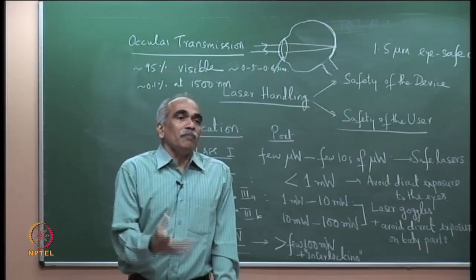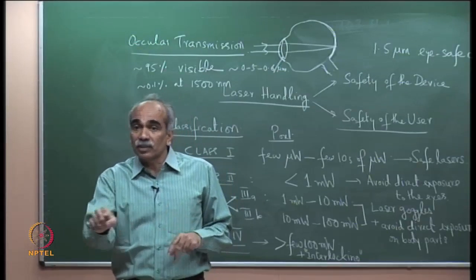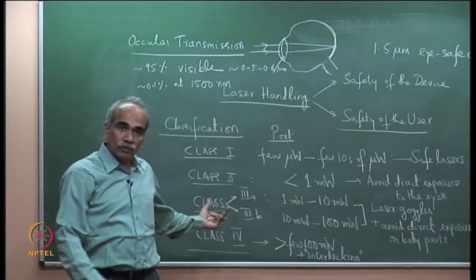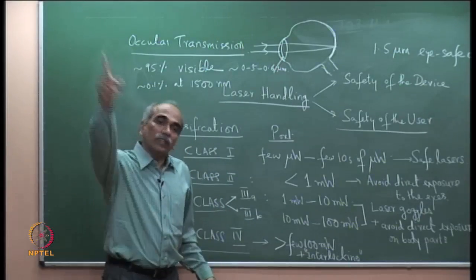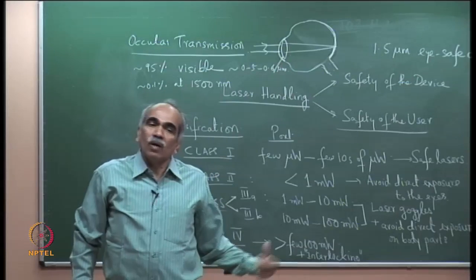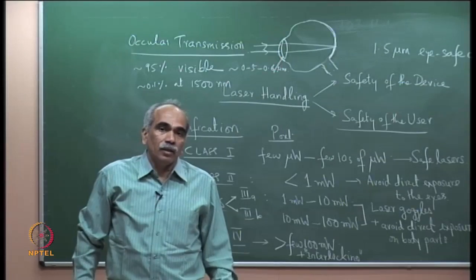By chance, by mistake, if he or she opens the door, the laser would automatically shut down. There is an interlock with that. You open the door and the laser will shut down automatically. So, that is called interlocking arrangement. So, this is also mandatory by law.